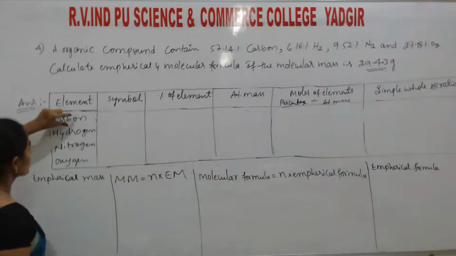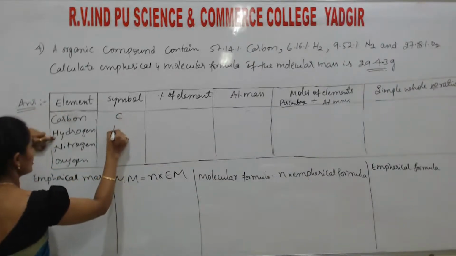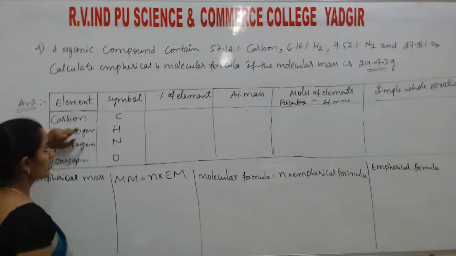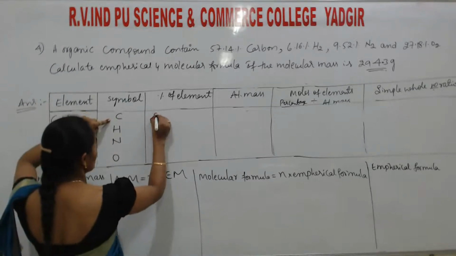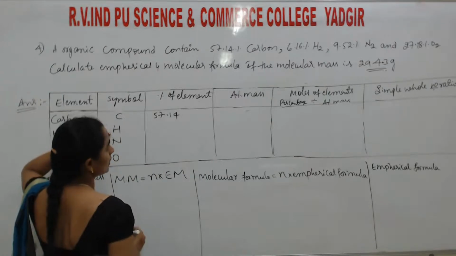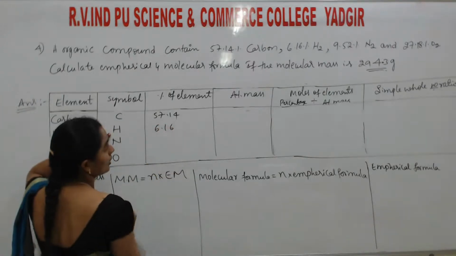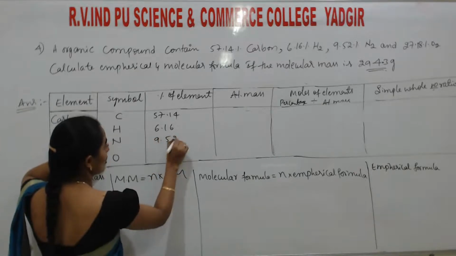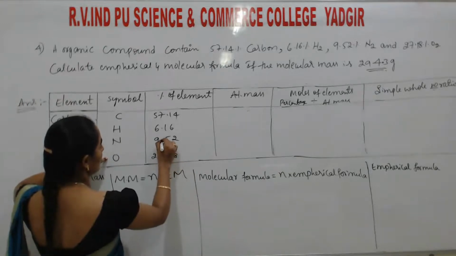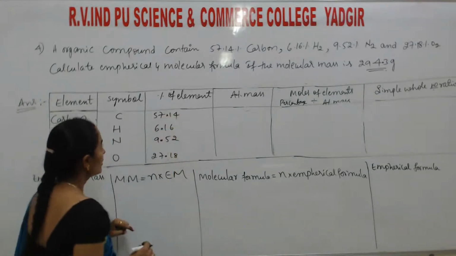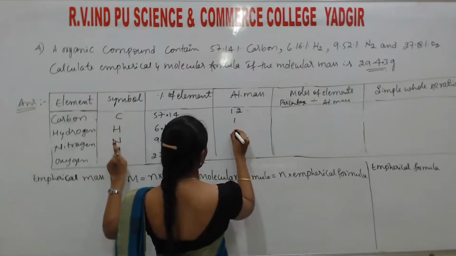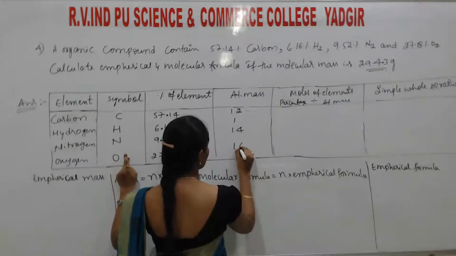The symbol of carbon is C, hydrogen is H, nitrogen is N, oxygen is O. Next, the percentage of carbon they gave is 57.14. Hydrogen is 6.16. Nitrogen is 9.52. Oxygen is 27.18. Correct? Next, the atomic mass of carbon is 12, hydrogen is 1, nitrogen is 14, and oxygen is 16.